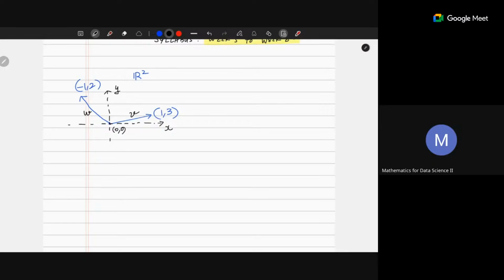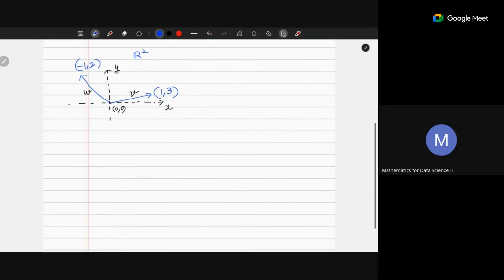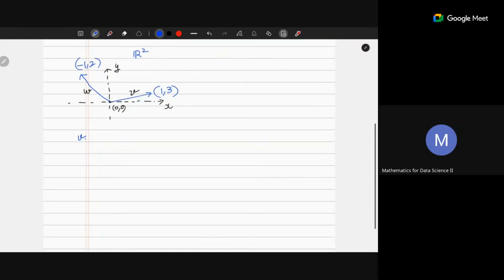Now, can anyone recall what is the dot product of vector v with w? So it would be 5 here. So x1 x2 plus y1 y2. Yes. So it is 1 times minus 1 plus 2 times 3, which is minus 1 plus 6, which is going to be 5.